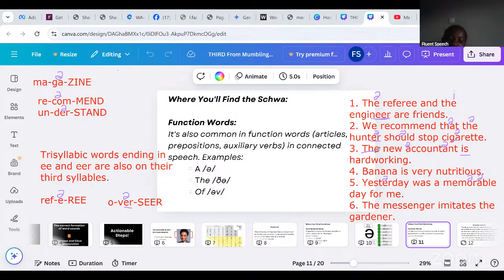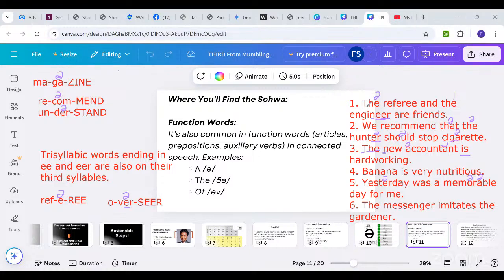So THE here, should we change it to a schwa or not? Should we change the vowel to a schwa? Yes. Why? The reason is because the next word starts with a consonant.